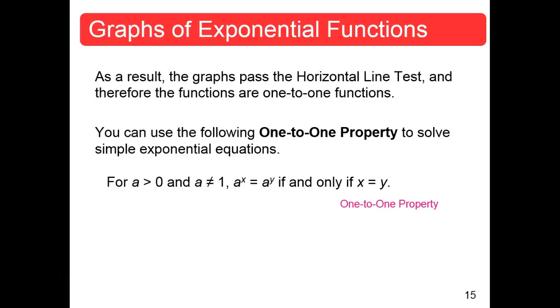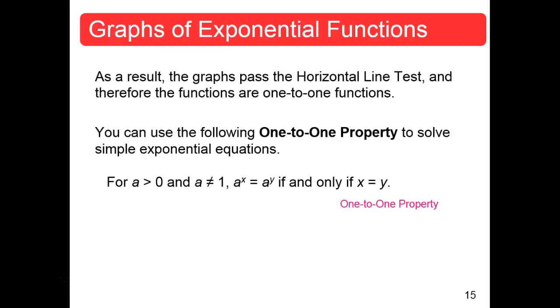As a result, these graphs pass the horizontal line test, which means they are one-to-one. Because they're strictly increasing or strictly decreasing, they pass the horizontal line test, so they are one-to-one functions. Because they're one-to-one functions, they always have an inverse. Very good.